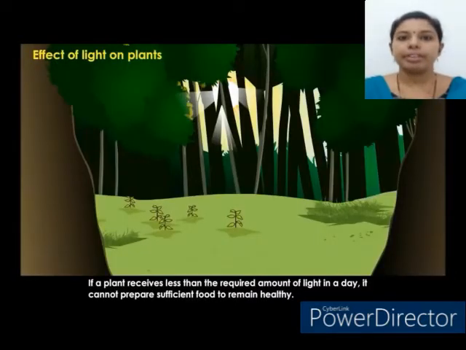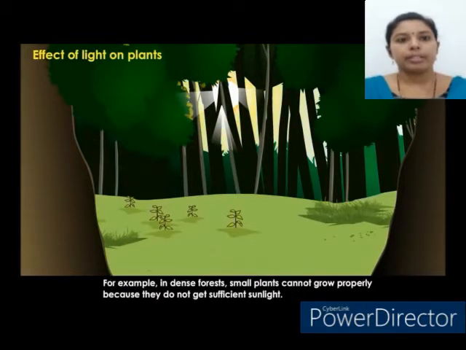If a plant receives less than the required amount of light in a day, it cannot prepare sufficient food to remain healthy. For example, in dense forest, small plants cannot grow properly because they do not get sufficient sunlight.